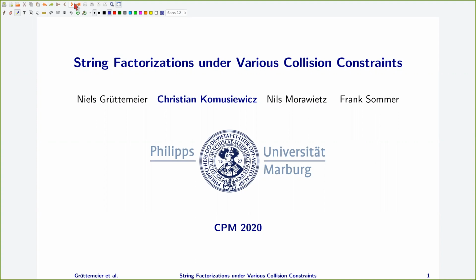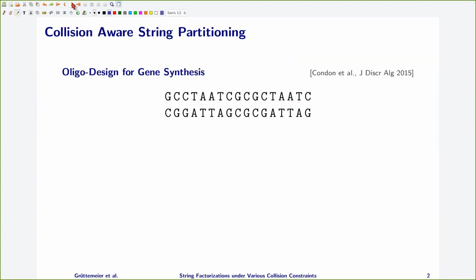We are looking at a string factorization or string partitioning problem, which is pretty closely related to finding these anti-covers. Let me start with the application, which is nicely described in this paper by Condon et al.